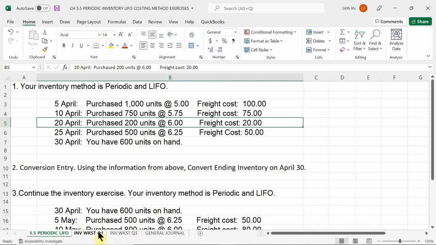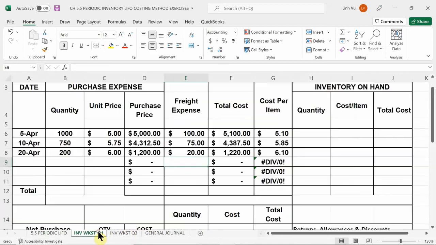So if you wanted to do this, again, April 25th, we purchased 500 units at $6.25 each with a freight of $50. This right here is what I can do. Since I plugged into my inventory worksheet first, I can go back and I already know my answers, because here I've already solved for my purchase price.